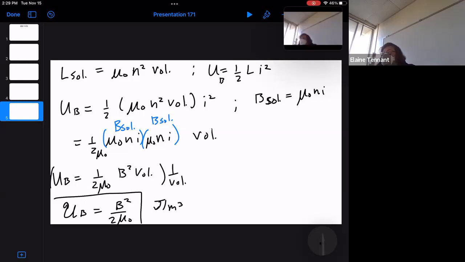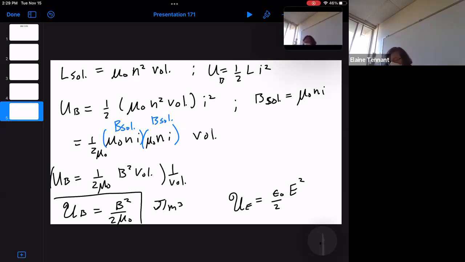Okay. If this is sensible, one thing I would like to have you compare this to is the energy density of an electric field, which, as you remember, is epsilon naught over 2 times the magnitude of an electric field squared. And we'd like to look at that and say, these are pretty similar equations, right?